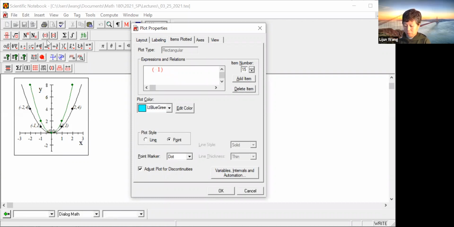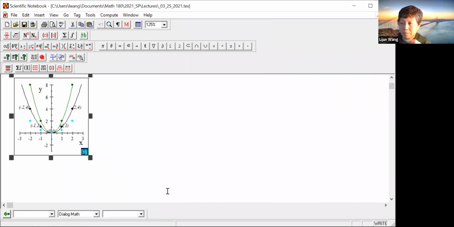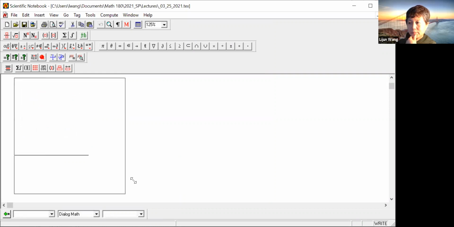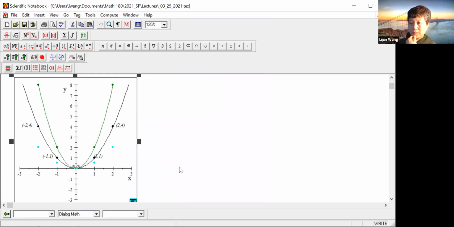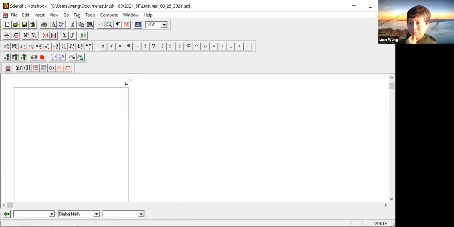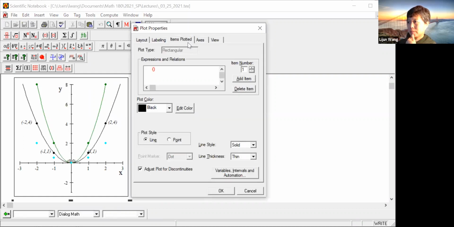Okay, -1, half. Zero, zero, still there. 1, half. One more. 2, 2. You got all the dots there. Shall we connect the dots?